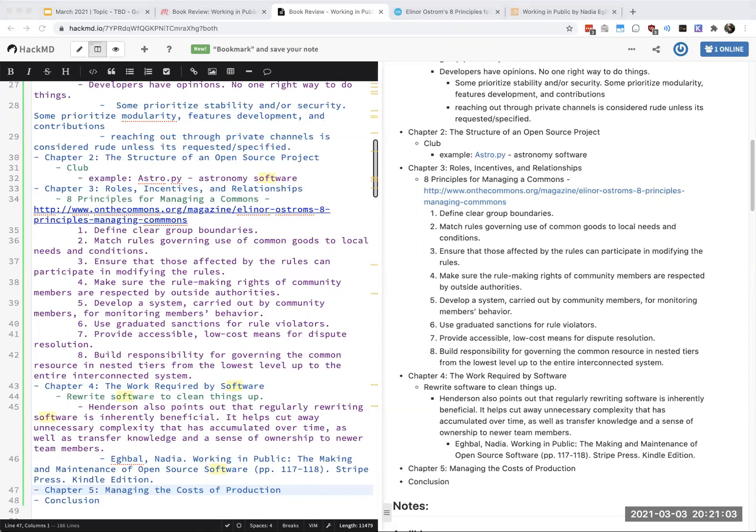I wrote this down just for part of this, for me, thinking about health and sustainability of projects when I'm reading through all of this, and thought that was interesting. So this was from Fergus Henderson, a software engineer at Google, and they apparently rewrite software every few years at Google.